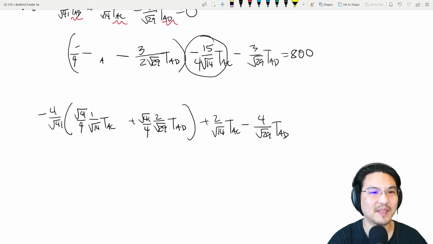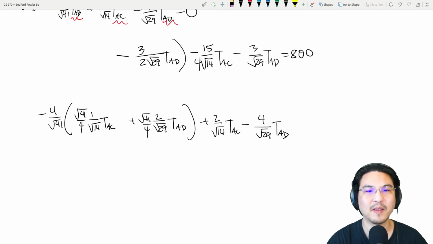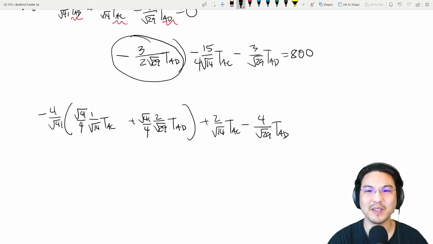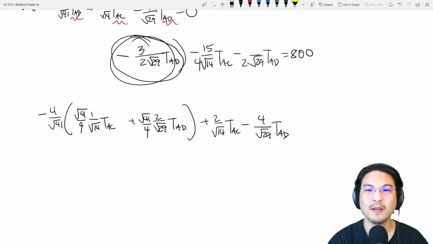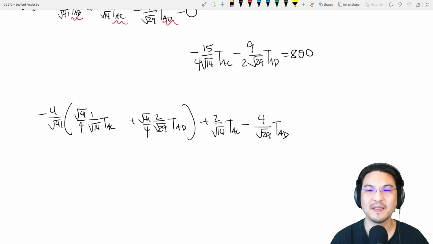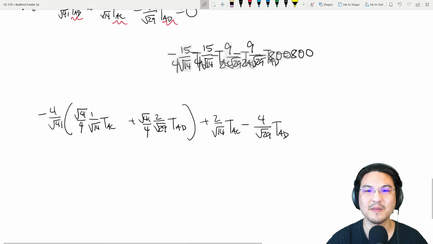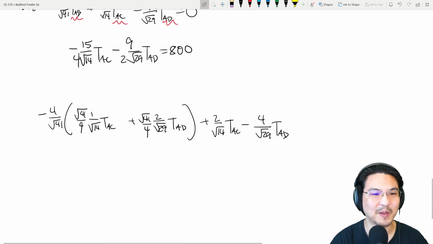And then this is gone. Similarly, you see right here, negative 3 over 2 root 29, negative 3 over root 29. So if I go times 2 like this, then that would be 6. So now combine, add those together, negative 9 over 2 root 29. And then this is out of here, and there we go. So that's a lot simpler now.